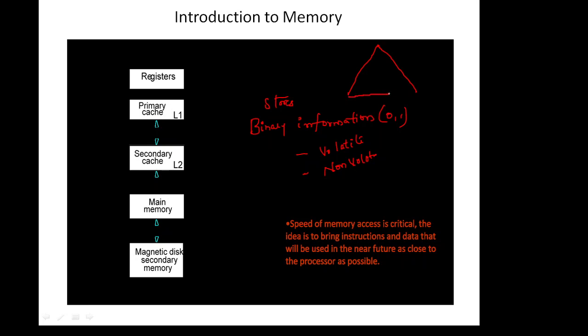In this hierarchy, the bottom line is the secondary storage devices, and above the bottom line is the main memory. Above the main memory we have the cache memory. Here we have a processor. At the top, the CPU processor will be there.